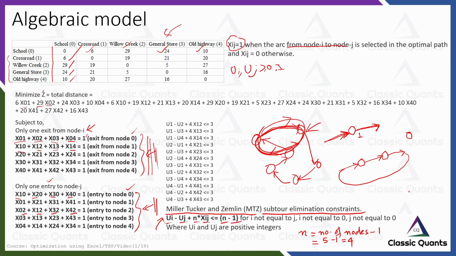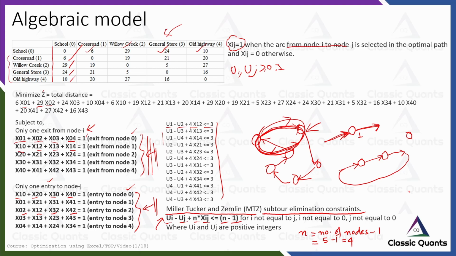You implement this type of constraint, and if you write it in expanded form for this particular problem, it will be written like this: u1 minus u2 plus 4x12 is less than or equal to 3, and similarly all these. In this way the entire formulation will work.